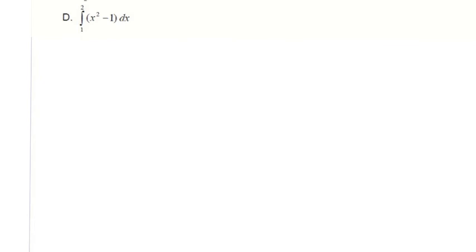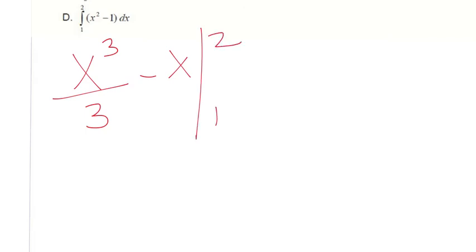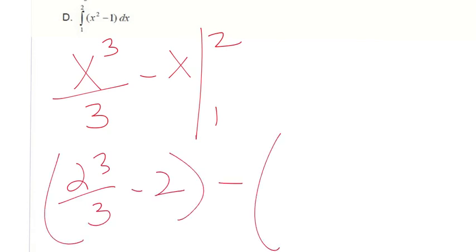Okay, and last but not least for D, my power rule, add 1 to the exponent over the exponent. -1 becomes x. So I will plug in 2 minus plug in 1.